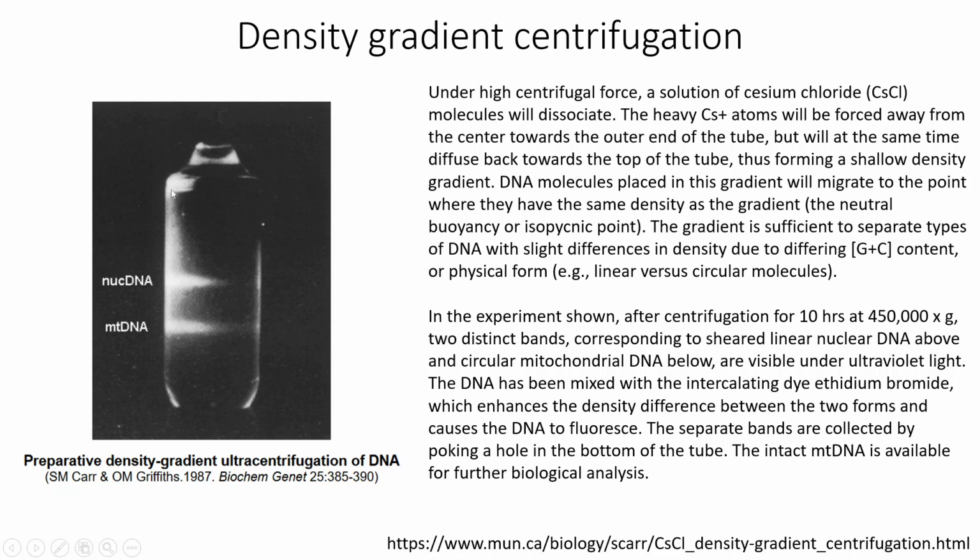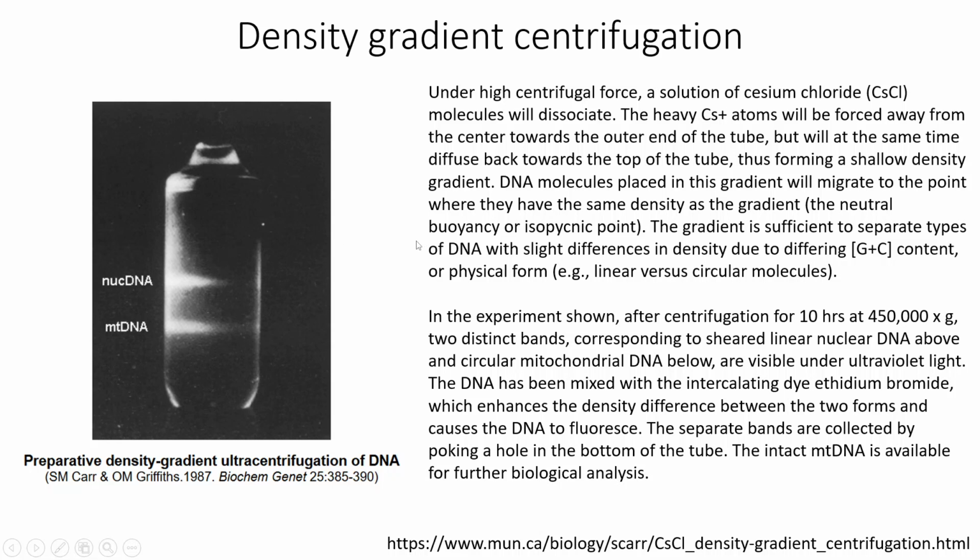They will migrate to the point where that DNA molecule or that strand of DNA has the same density as the gradient in that layer. So essentially, you have layers of different density cesium chloride, and your DNA is moving through it from the top like this. And suppose over here it's found the same density, then it will remain here. It won't go beyond it.